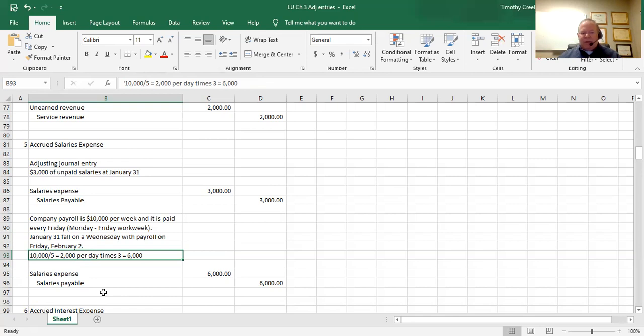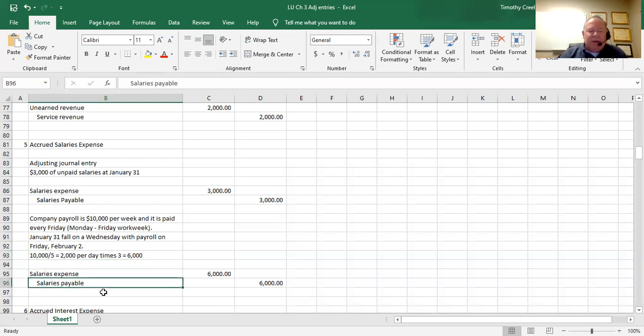You'd take that times 3 because Wednesday's the end of the month. The employees would have worked Monday, Tuesday, and Wednesday, 3 days, times 2,000 per day, you would get $6,000. So $6,000 would be the adjusting entry that you would need to recognize for payroll expense.